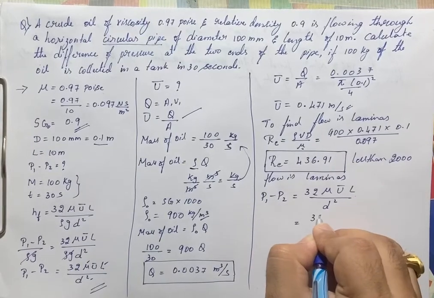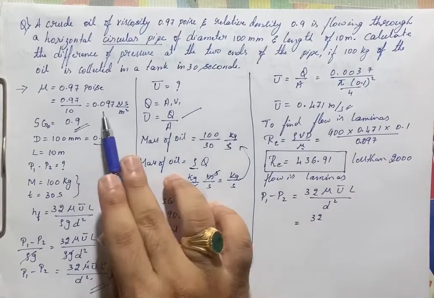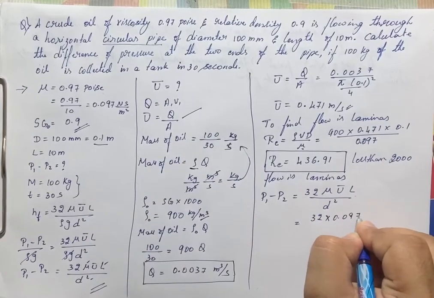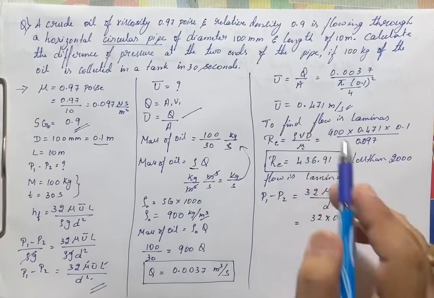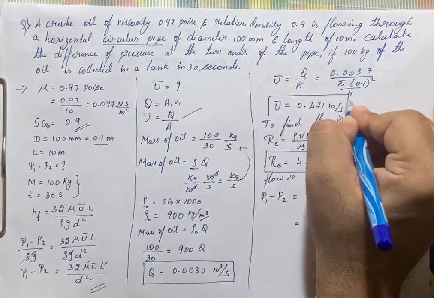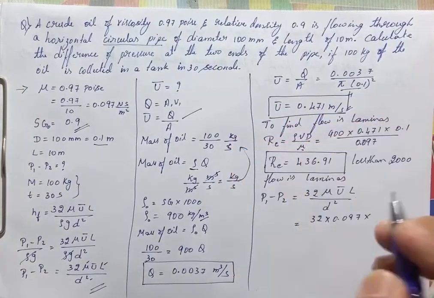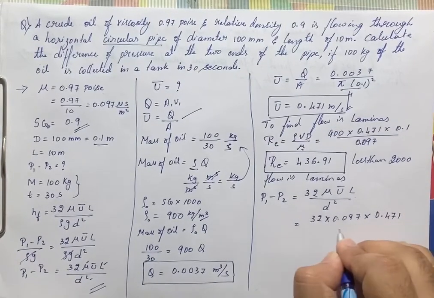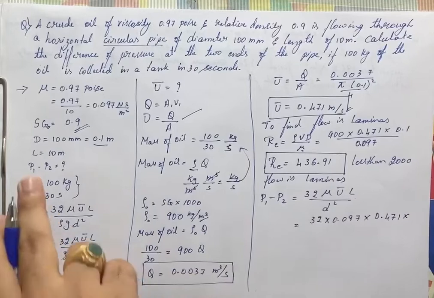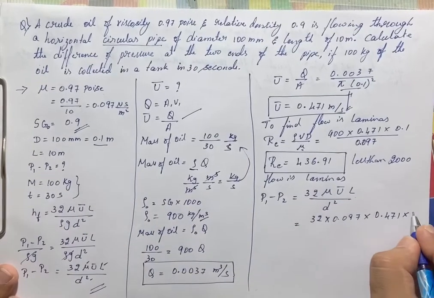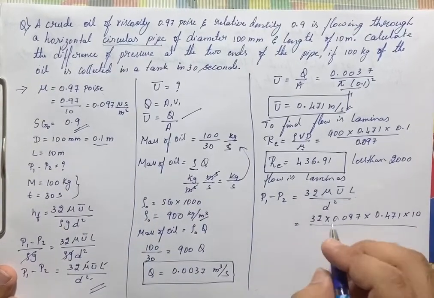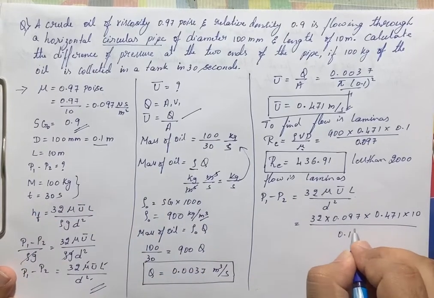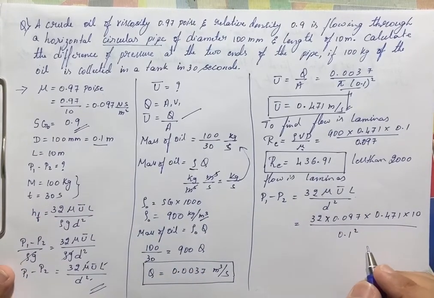Now 32 into mu, which is 0.097, into U bar, which we have found out here, 0.471, into length, the length of pipe is 10 meter, divided by diameter 0.1 square, right?